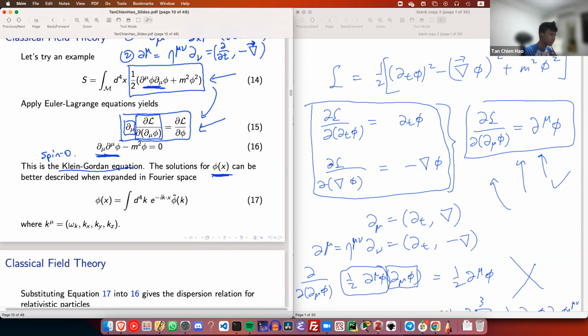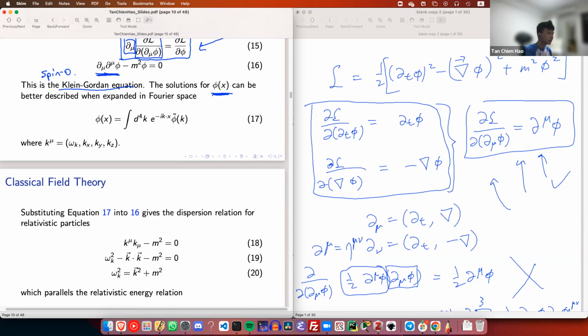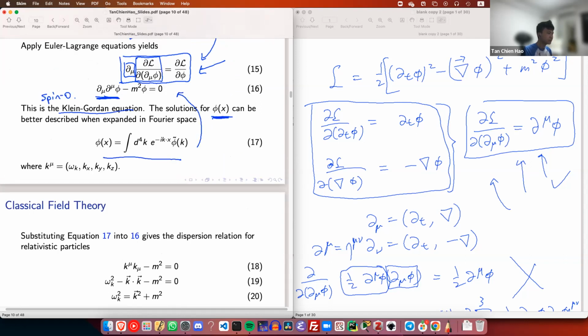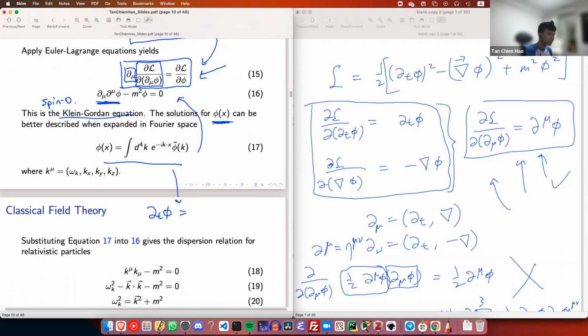The reason is that if you substitute this relation into here and take, let's say, dt of phi, then k dot x is expanded as omega t minus k as a spatial vector dot x as a spatial vector.